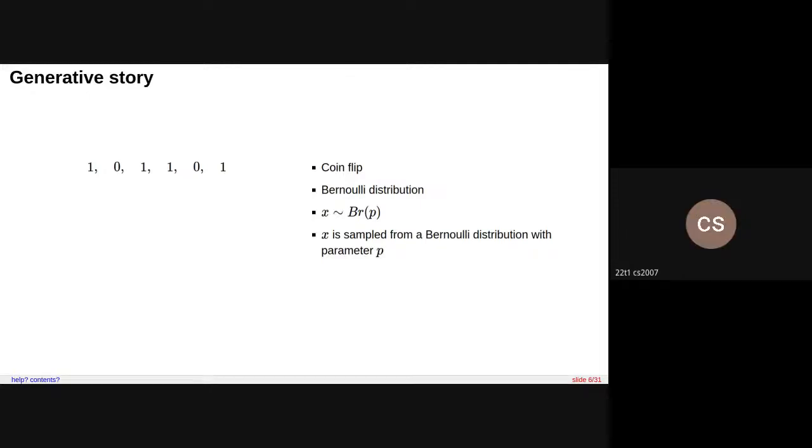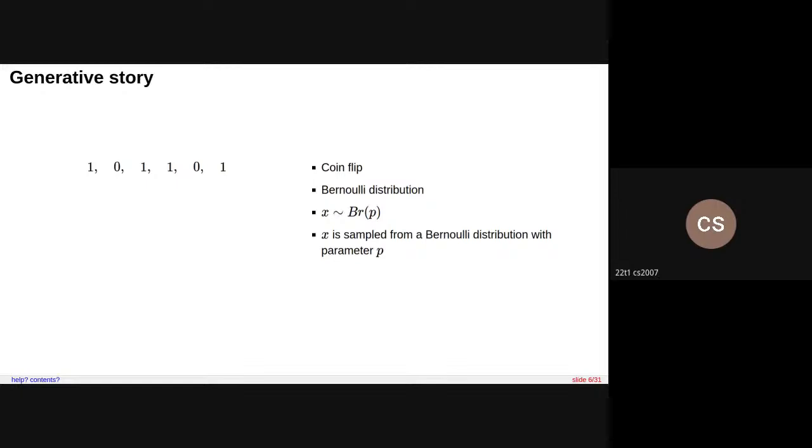If P is 0.5 and you flip an unbiased coin 1000 times, then roughly 500 times you will get heads and 500 times tails. So it is connected to what you observe. The value of P determines, in a probabilistic sense, what you are going to get as observations. If P is 0.9, then out of 1000 coin flips roughly 900 will be ones and 100 will be zeros. That is what P is.